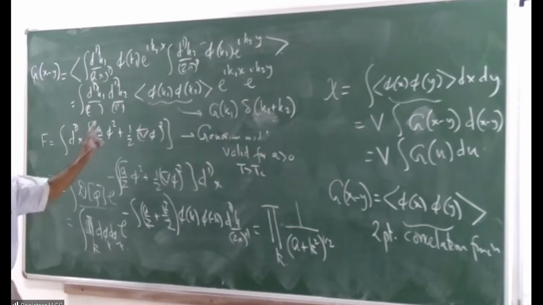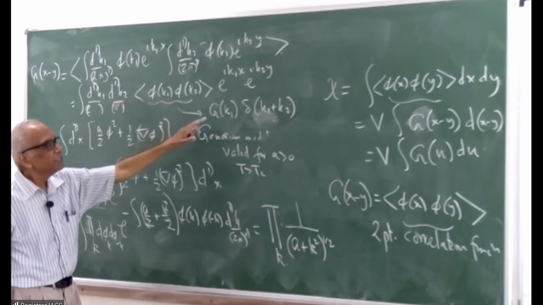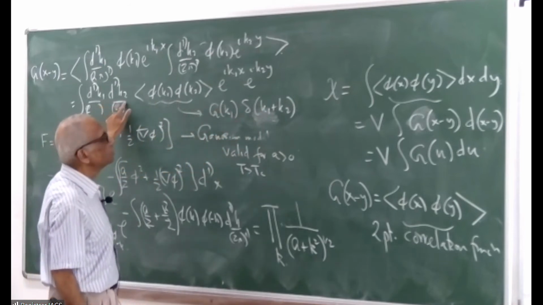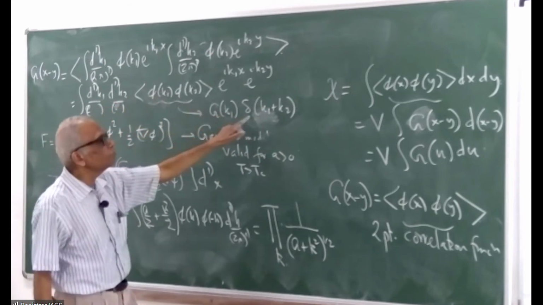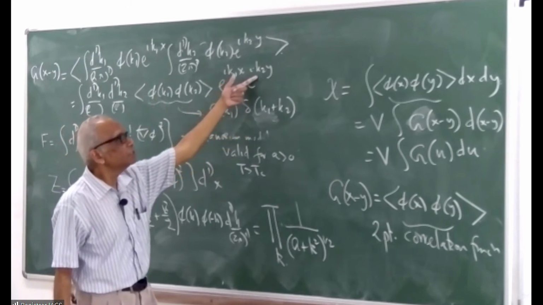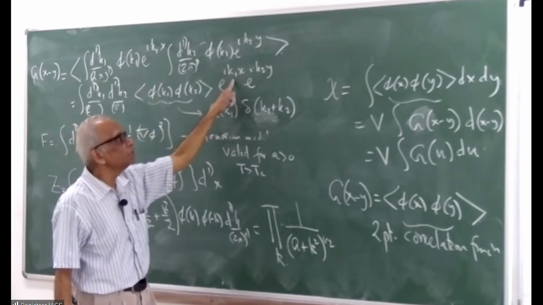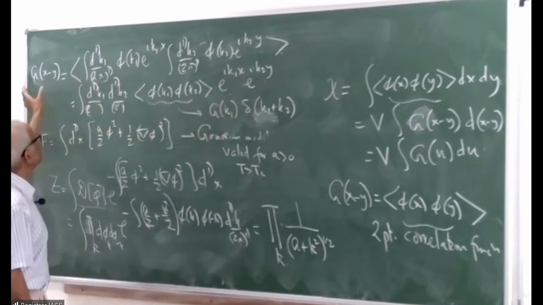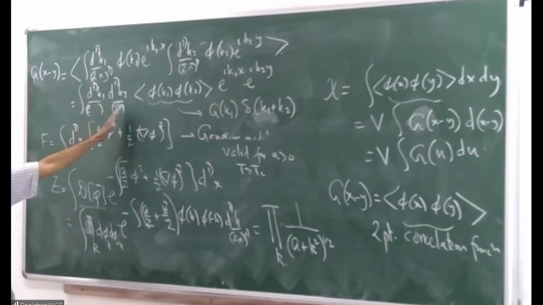Right? So it's g of k1 delta of k1 plus k2, and now you can do one of the integrations, which removes the delta function, makes k2 equal to minus k1, and you have e to the power i k1 (x minus y), and g of x minus y is equal to that.